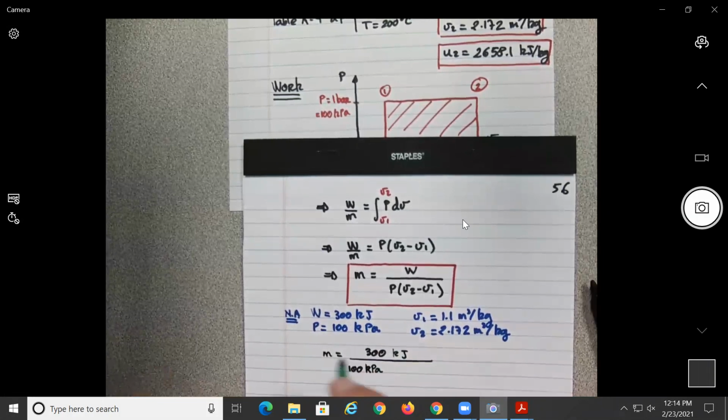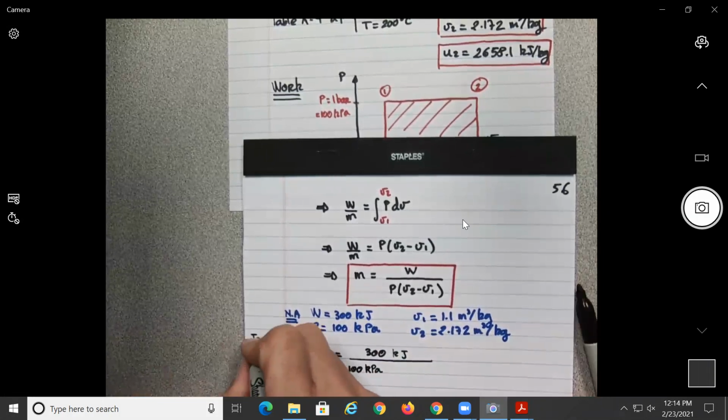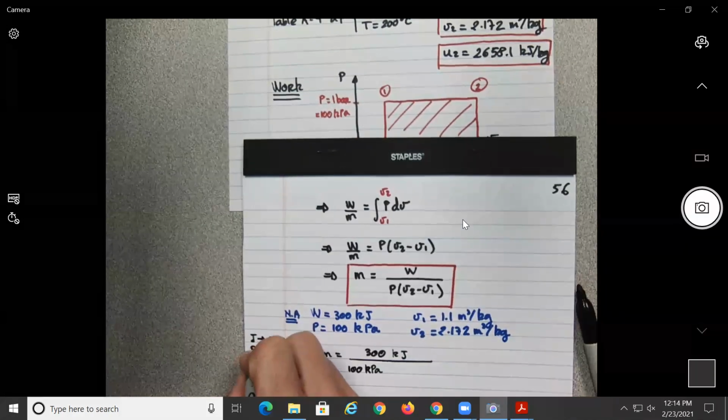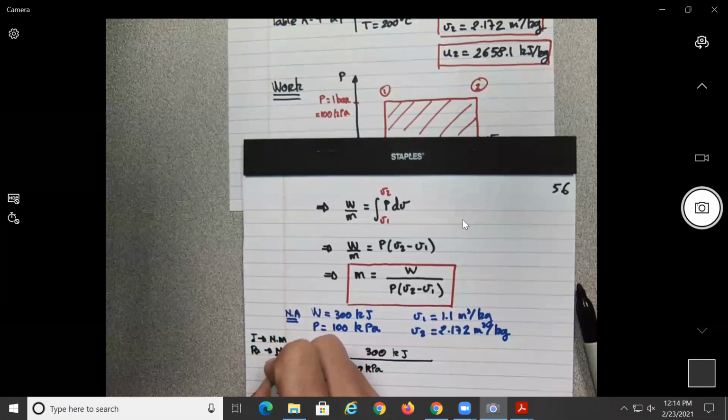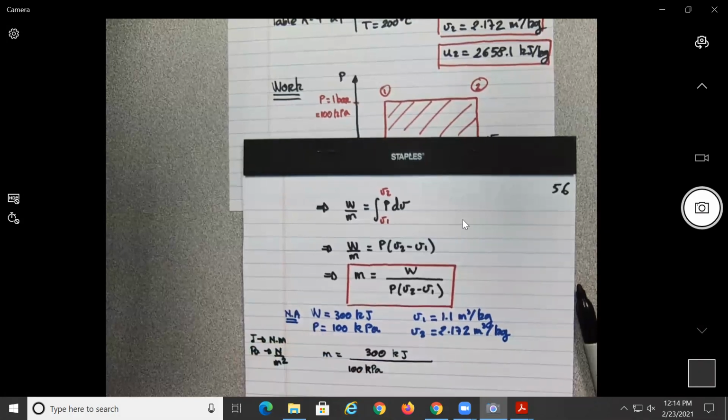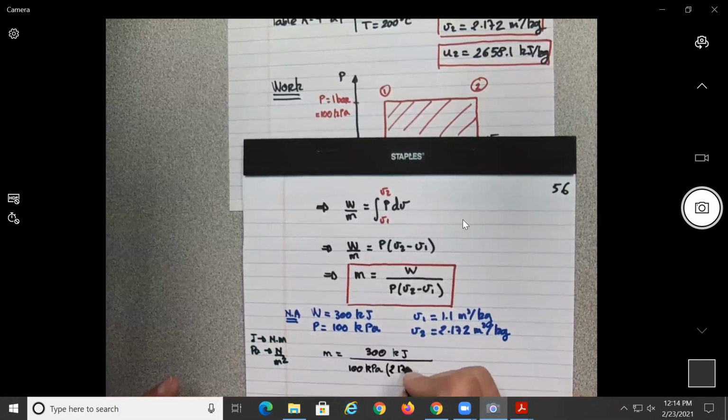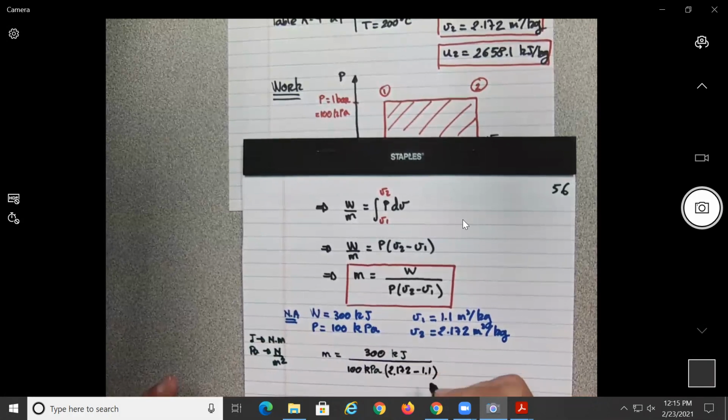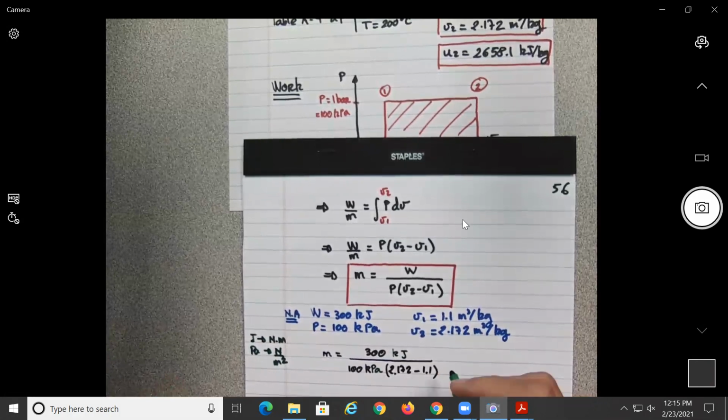So 1 joule we say is Newton meters. 1 Pascal is Newtons per meter squared, no? Times V2, which is 2.172 minus 1.1, and this will be cubic meters per kilogram.